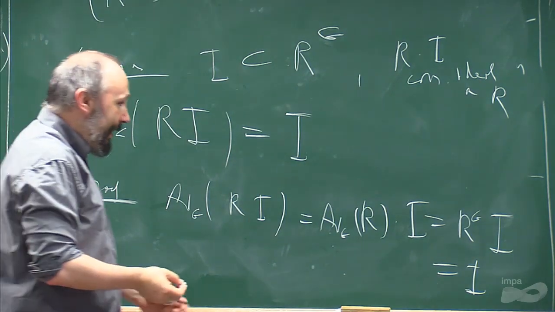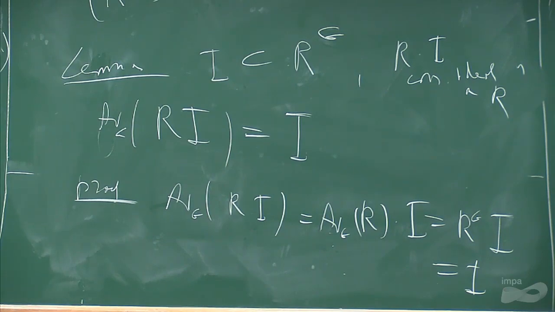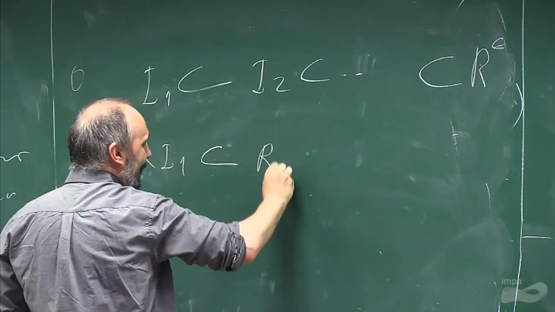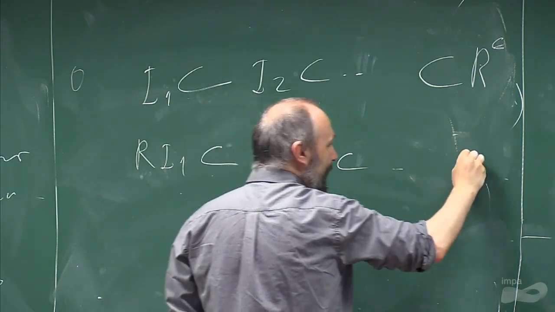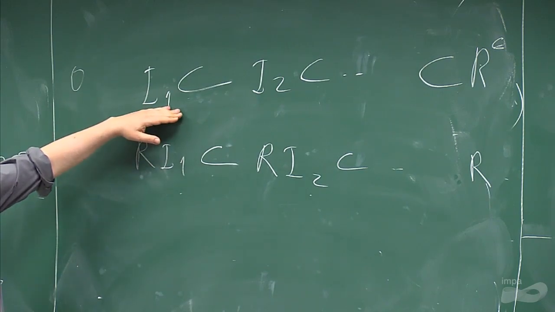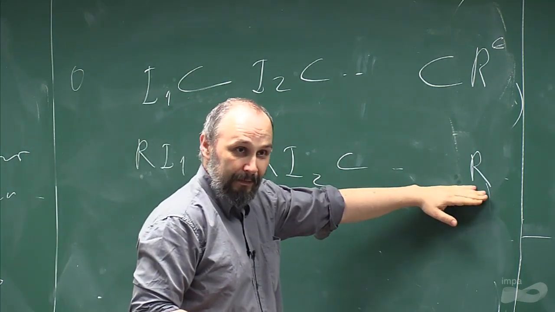Noetherianity is clear then, because if you have an infinite chain of ideals, I1 subset I2 subset and so on, all in R^G, this gives you a chain of ideals RI1 inside RI2 inside and so on, in R. This chain has to stabilize because R is Noetherian.